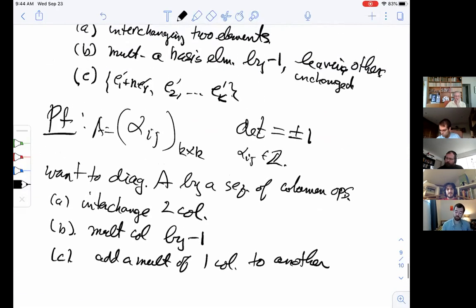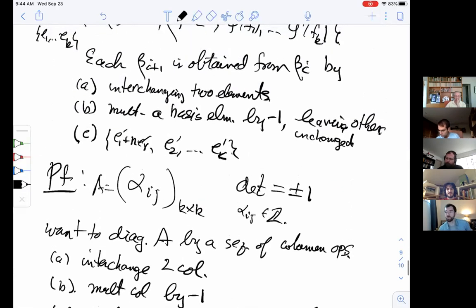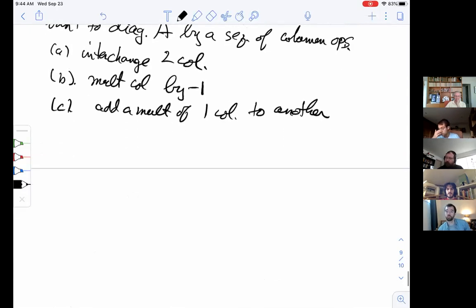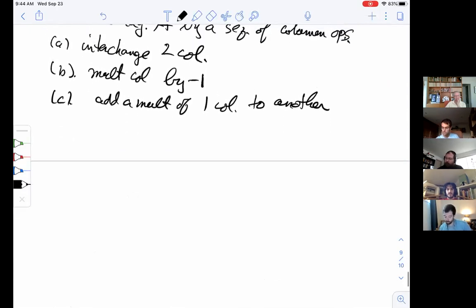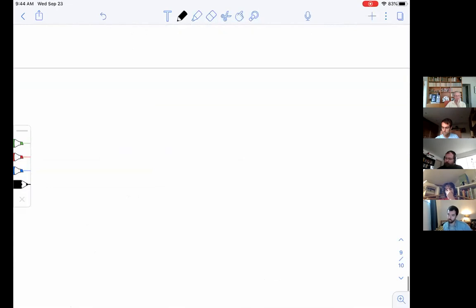So these three operations are exactly these three operations expressed in terms of matrices instead of bases. Okay. So now it's a question about matrices, and it's a completely trivial question.